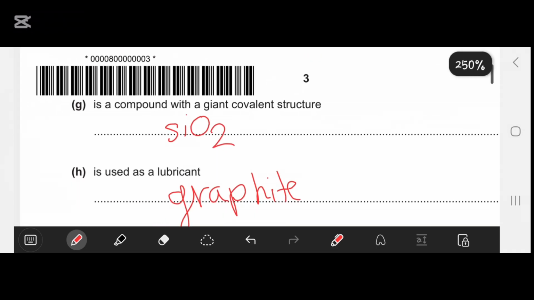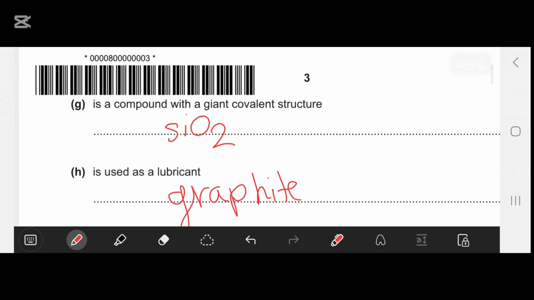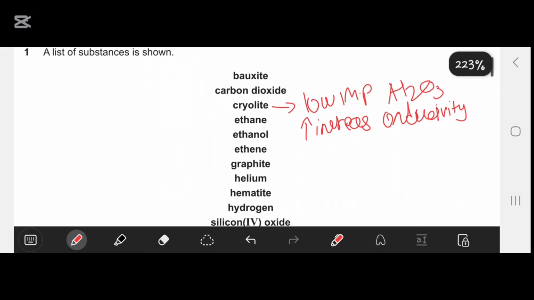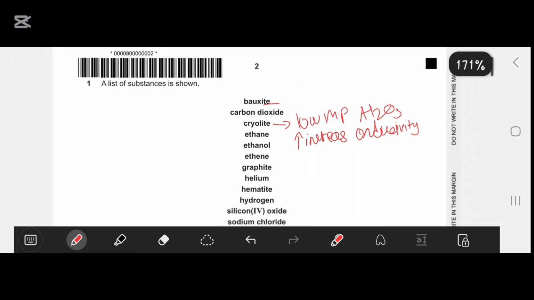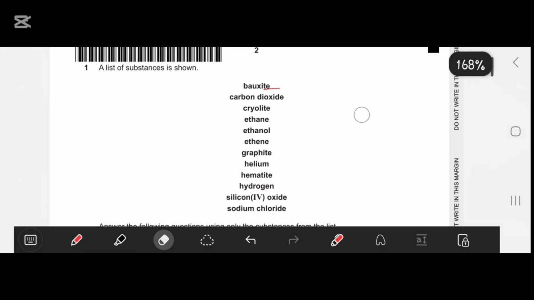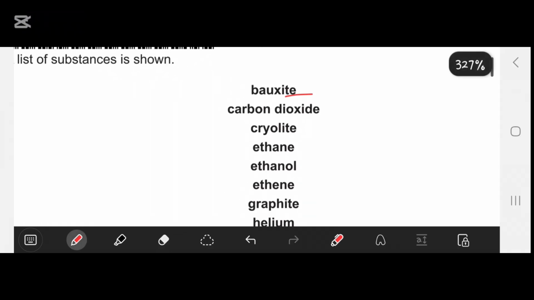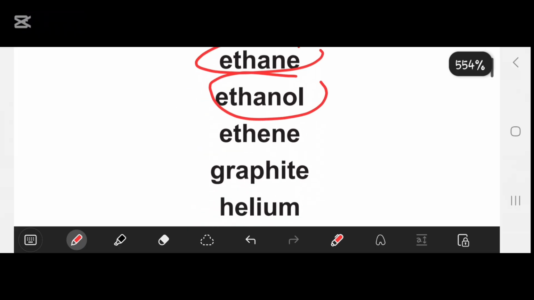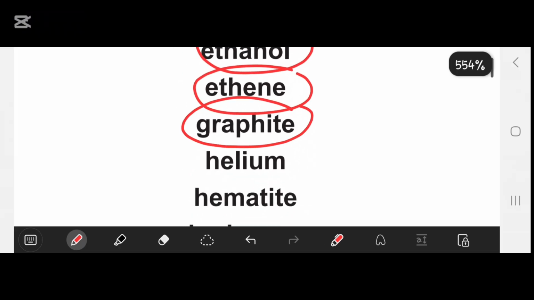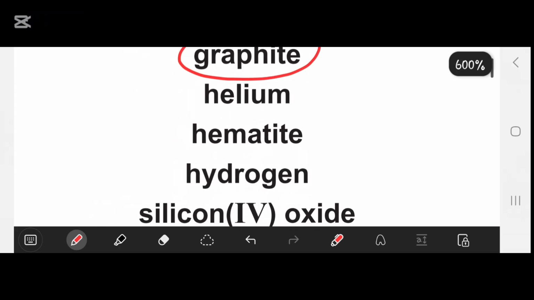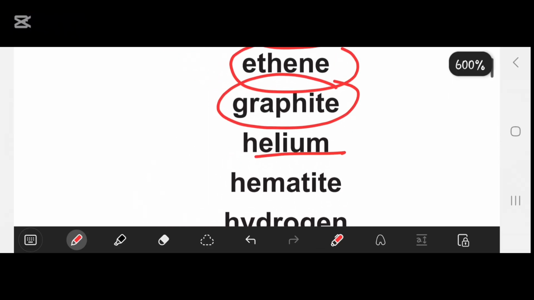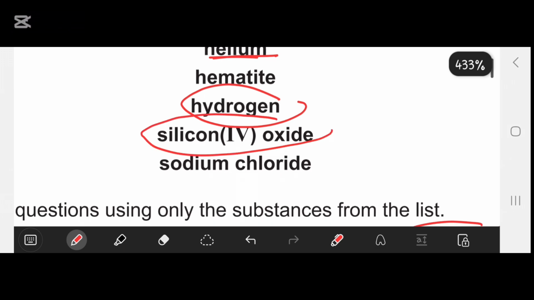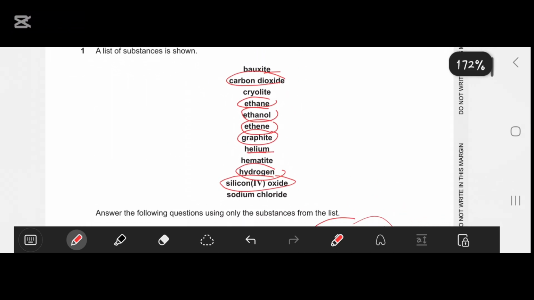A compound with giant covalent structure, which is silicon dioxide. First, let's look at the substances they gave us. We have bauxite, carbon dioxide, cryolite and other substances. The ones with covalent structures are carbon dioxide, ethane, ethanol, ethene, graphite. Helium is monatomic, so it doesn't have any covalent bond. Hematite, hydrogen, silicon IV oxide.